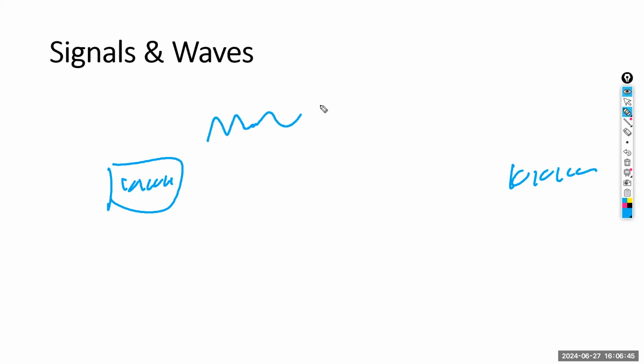Therefore, first we start discussing signals and waves, because the sender's data, a set of ones and zeros, must ultimately be on the receiver side, but we represent it as a signal, and that signal is sent. That signal is interpreted by the receiver as your data.